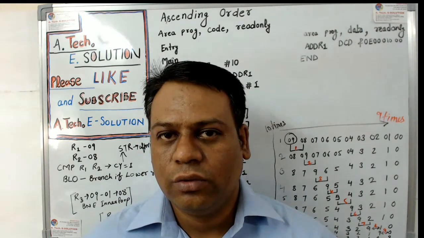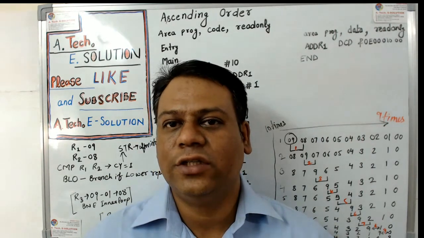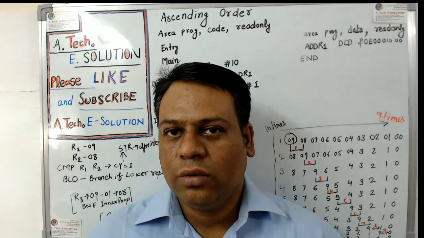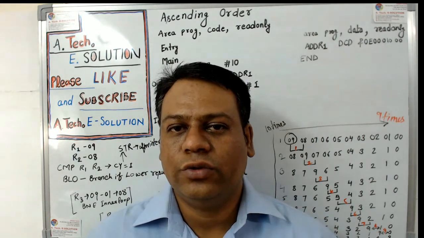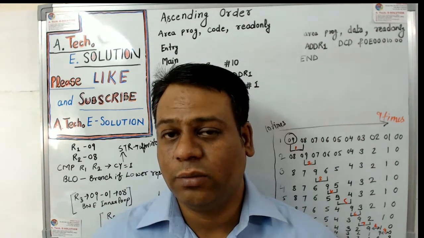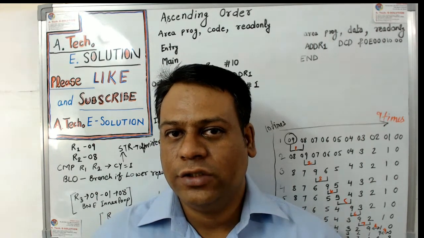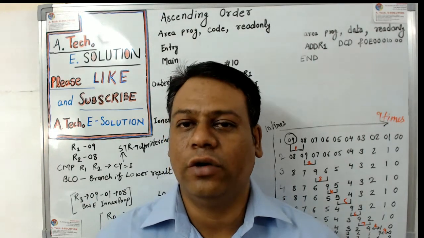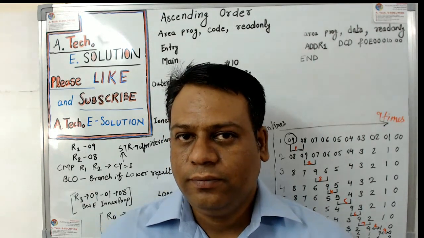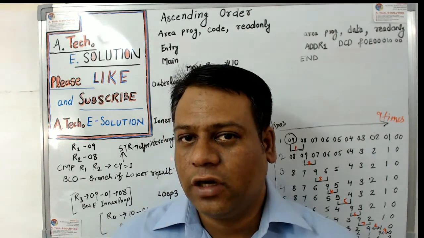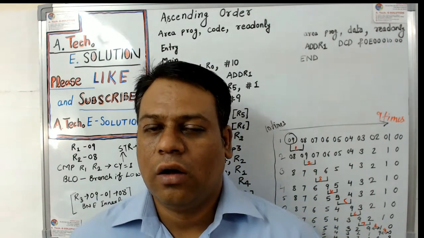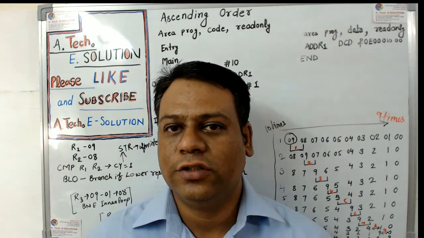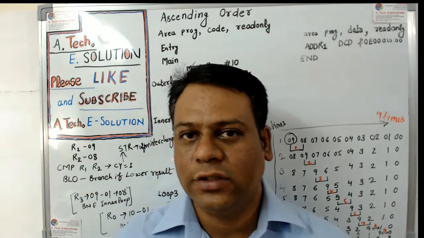Those numbers should be represented in an ascending manner. In this program we are going to take 10 numbers from the memory and arrange them in ascending order. So let us take a look at our program which converts these numbers into ascending order.